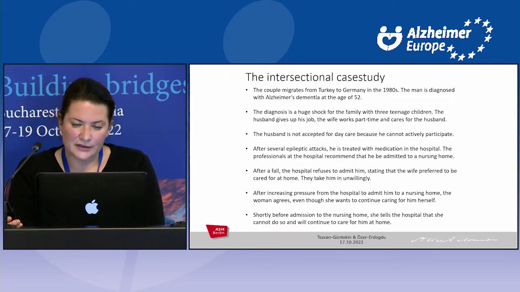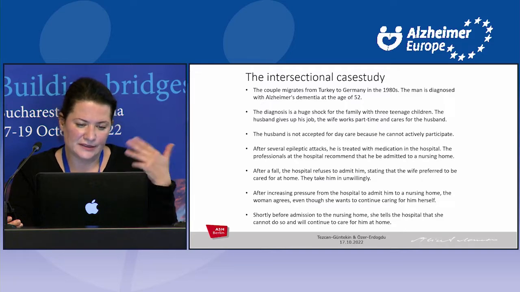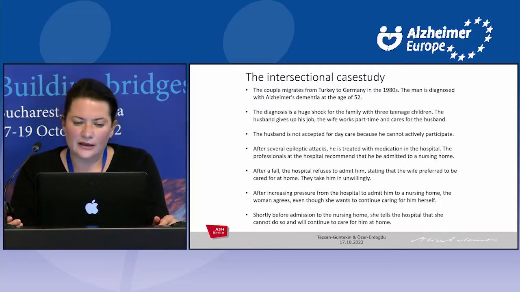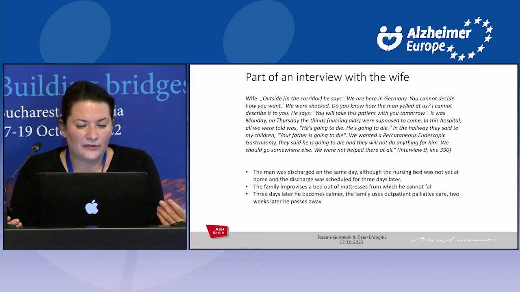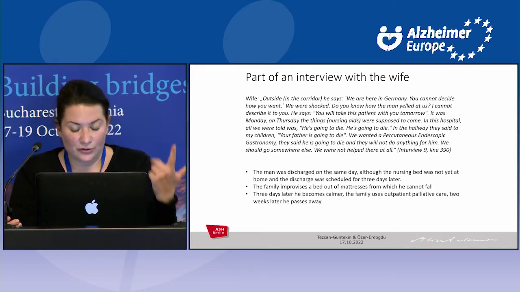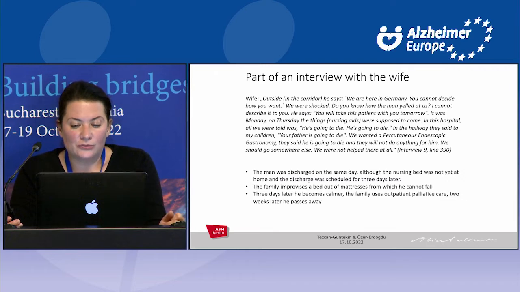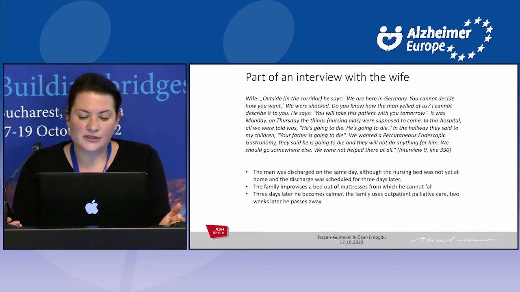And now we see a citation of the interview. The wife said: outside in the corridor, the doctor says, "We are here in Germany. You cannot decide how you want." We were shocked. Do you know how the man yelled at us? I cannot describe it to you. He says, you will take this patient with you tomorrow. It was Monday.